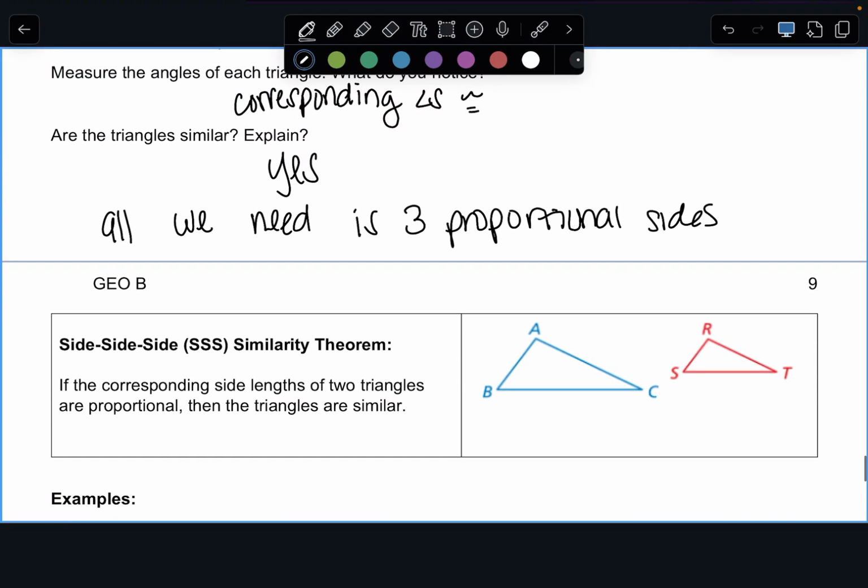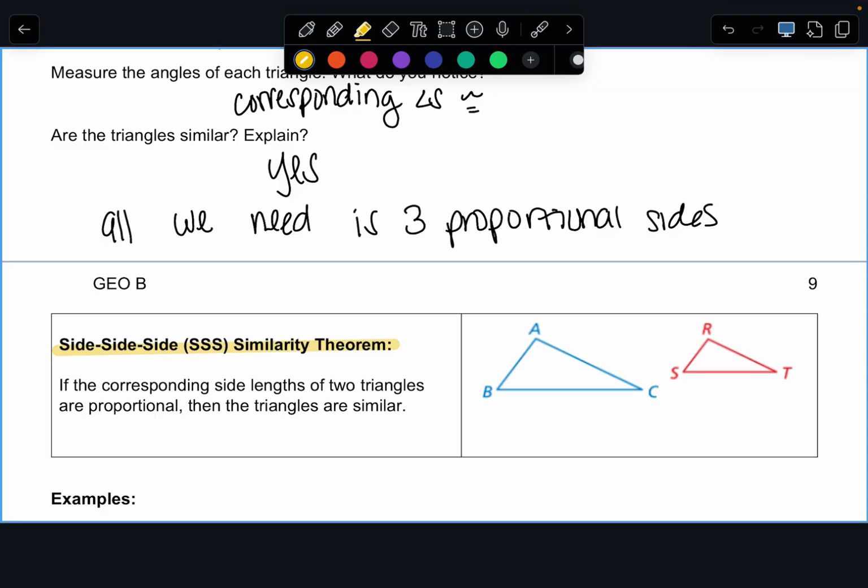I just care about my sides. Okay, so this is our side, side, side similarity theorem. If we have 3 sides that the ratios are equal to 3 sides of the other triangle, then the triangles are similar. So, if the corresponding side lengths of 2 triangles are proportional, then the triangles are similar.